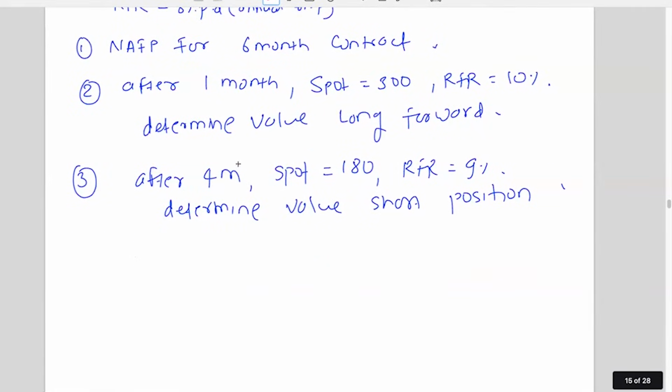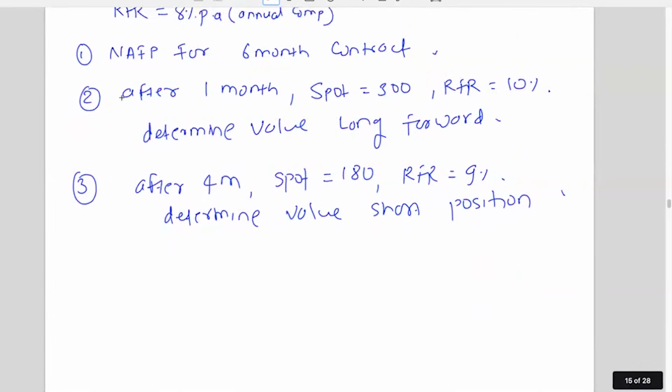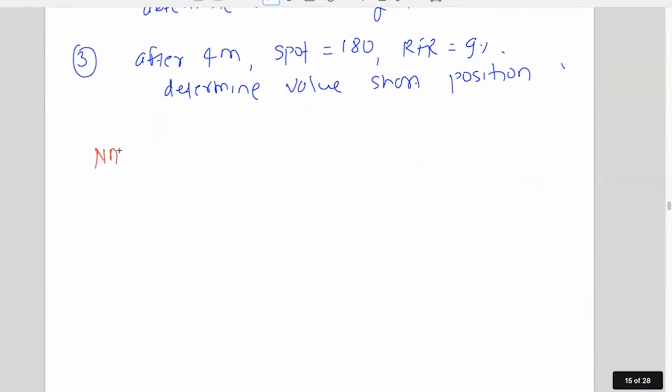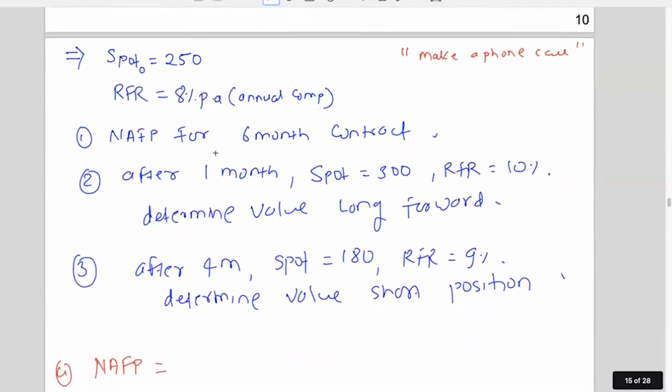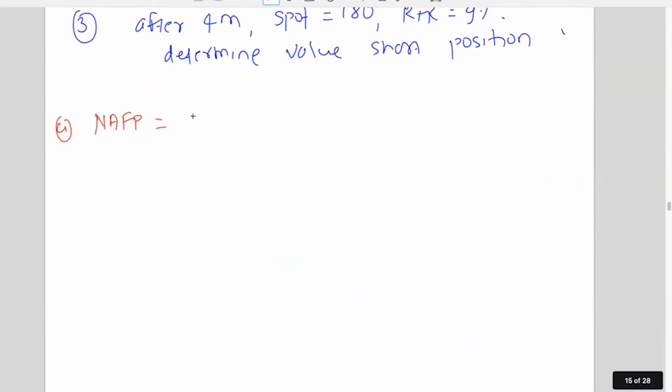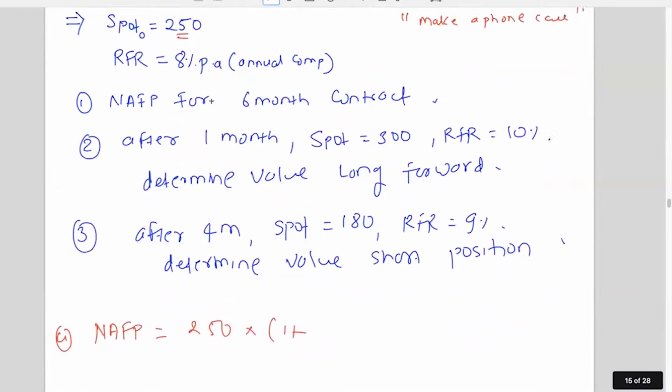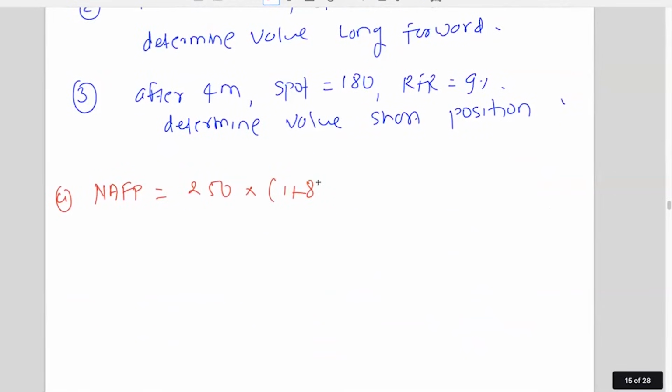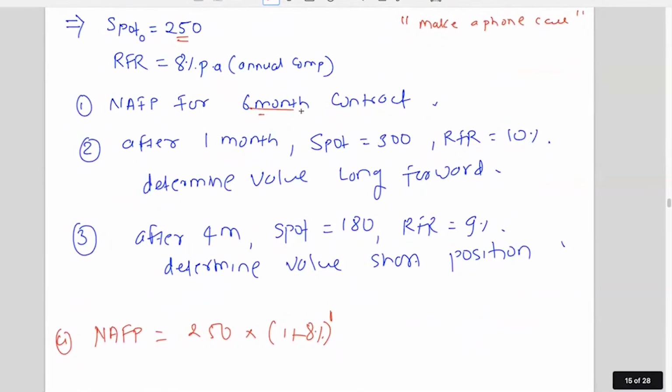Okay, all right. Here's how this is to be done. Let's do it together. So no arbitrage forward price in subpart A is going to be equal to, what's my price? 250. So 250 multiplied with 1 plus 8% raised to 1. Is it correct? No. It's for 6 months, my mistake.